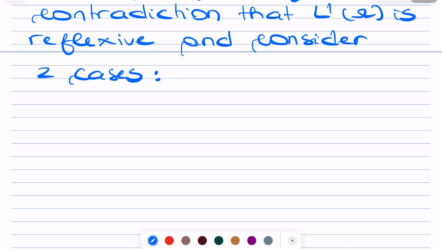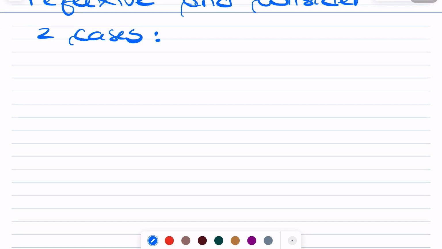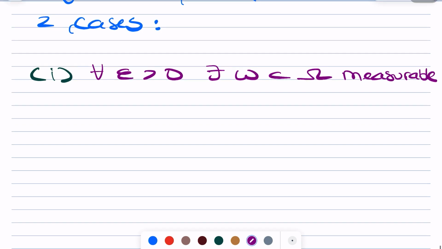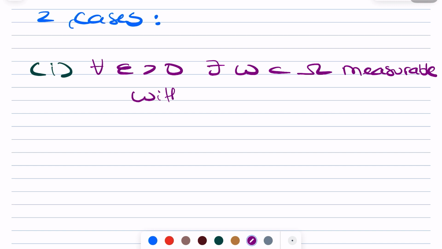The first one, number one: for every epsilon positive, there exists a measurable set omega in omega with 0 strictly less than the measure of omega, which is strictly less than epsilon.